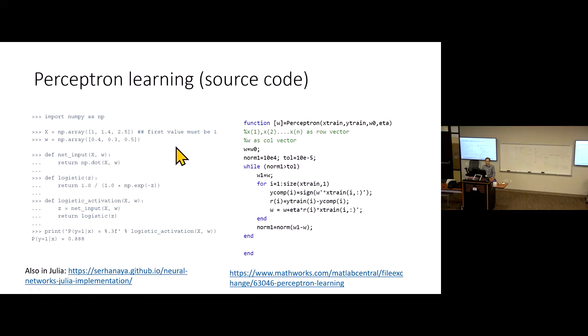If you open the source code, this is Python, this is MATLAB, you start to see the perceptron definition. You have training, input, output, and inside here you have this dot product between your weight vector and the training data. And then here a sign function is used to see whether this is the same as the ground truth.